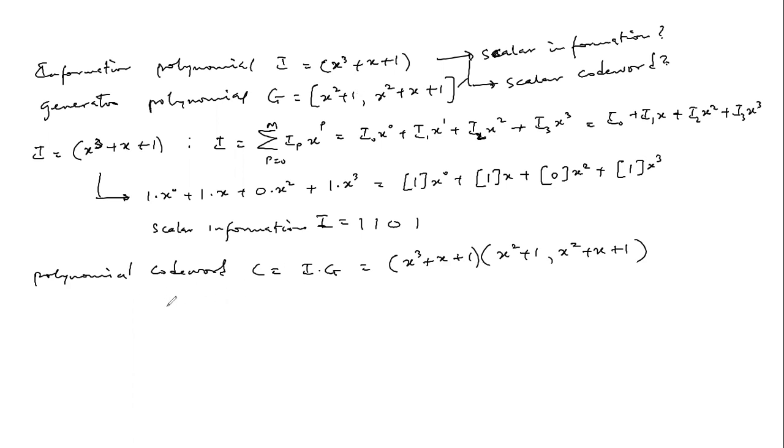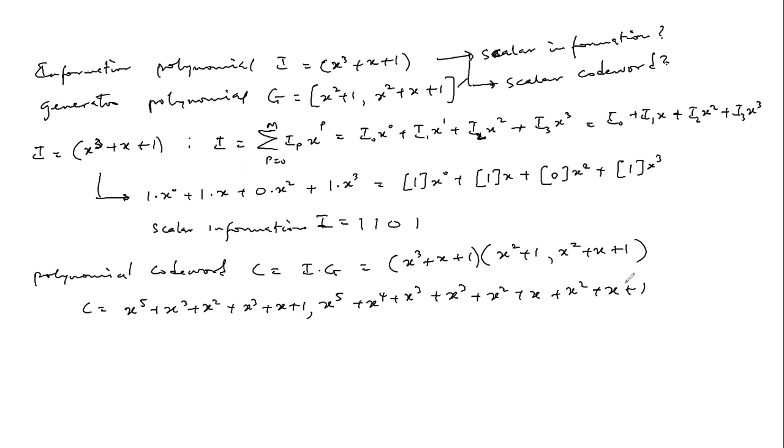So just like we did in the previous example, that's x to the power 5 plus x cubed plus x squared plus x cubed plus x plus 1. So we have x to the power 5 plus x to the power 4 plus x cubed plus x cubed plus x squared plus x squared plus x plus 1.